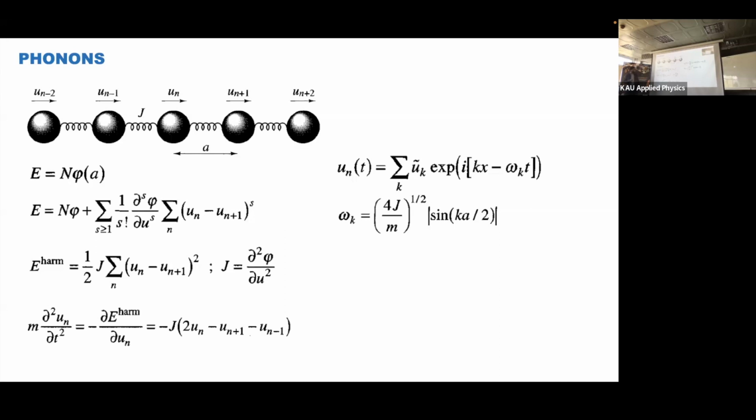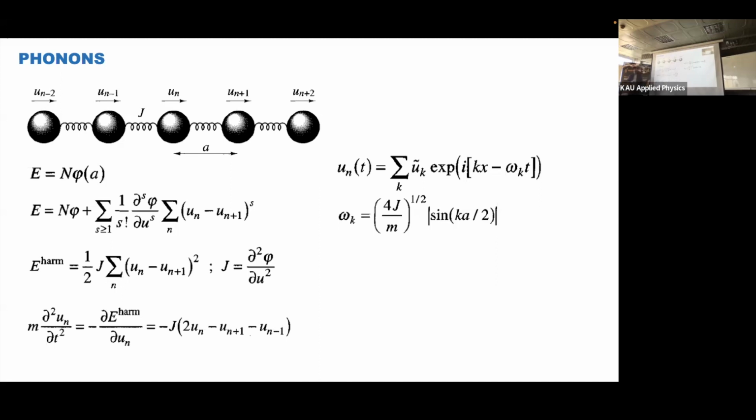Then I can apply some mathematics, in this case a Taylor expansion. Here we have Hooke's law, J times x squared, but x will be the sum of differences between neighbor atom coordinates, squared.